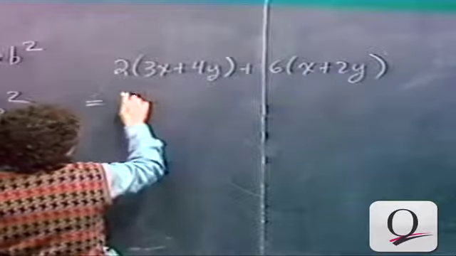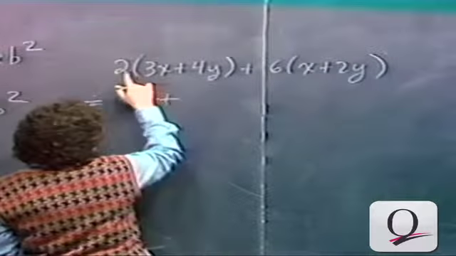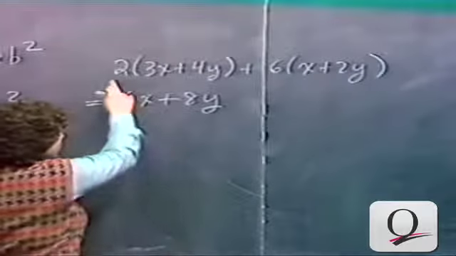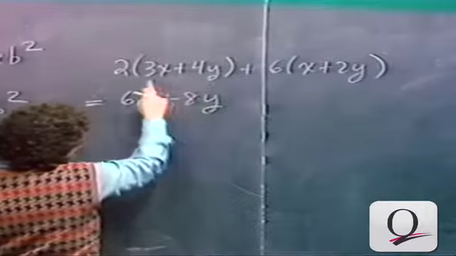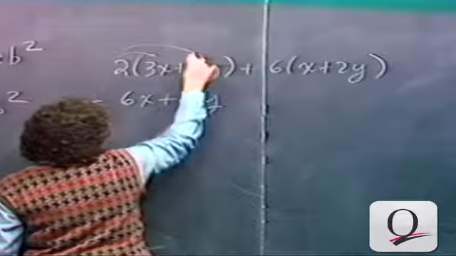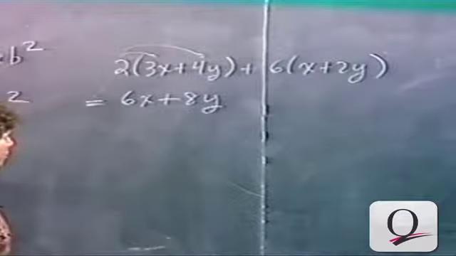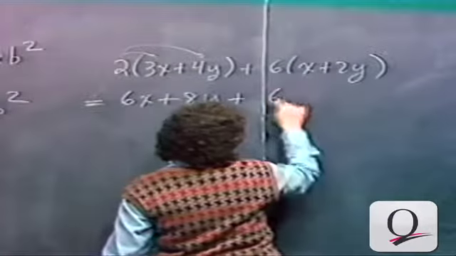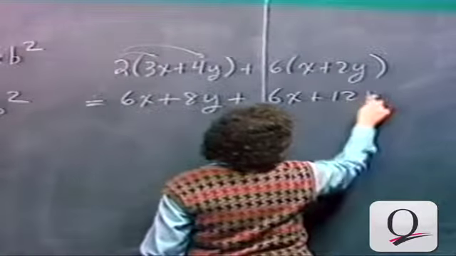2 times 3x gives us 6x, plus 2 times 4y gives us 8y. 6x plus 8y. Don't write 6x plus 4y. Don't forget the 2 has to multiply each term in the parentheses. Plus 6x plus 12y.